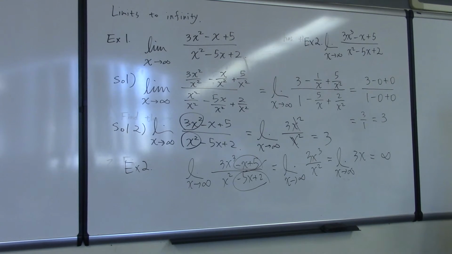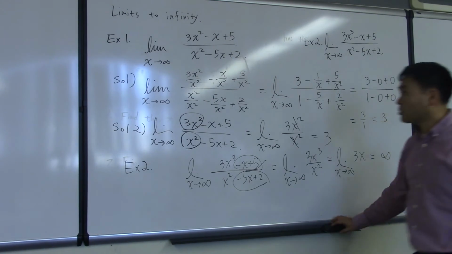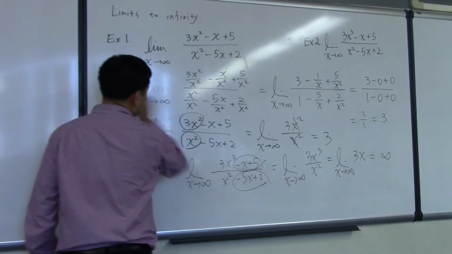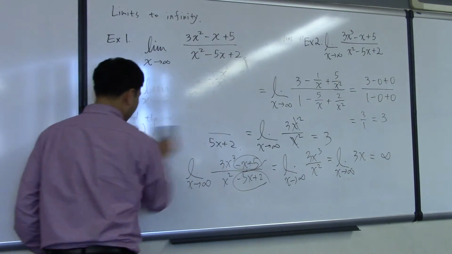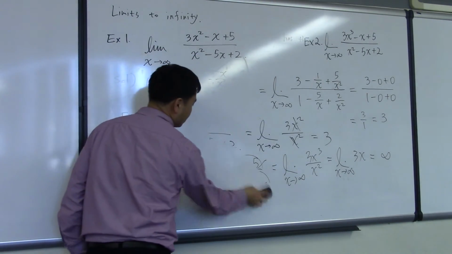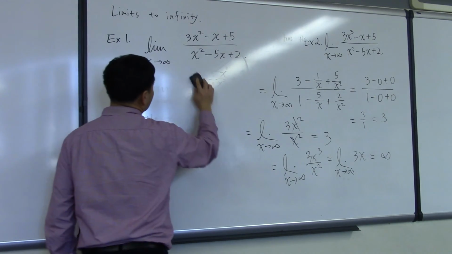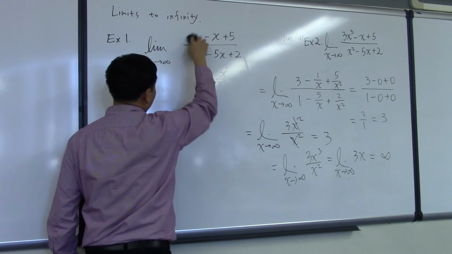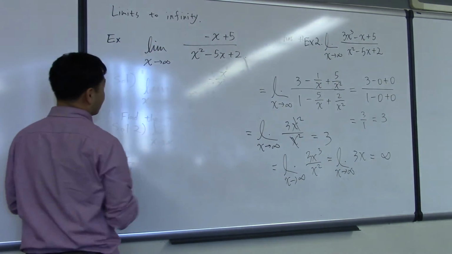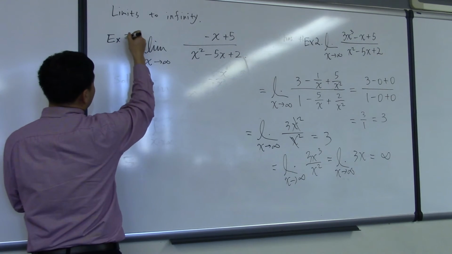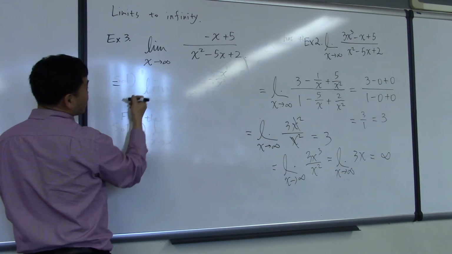Now, the third one I want to do is, what if I didn't have 3x squared? Let's say this is example 3. What would happen to this limit?